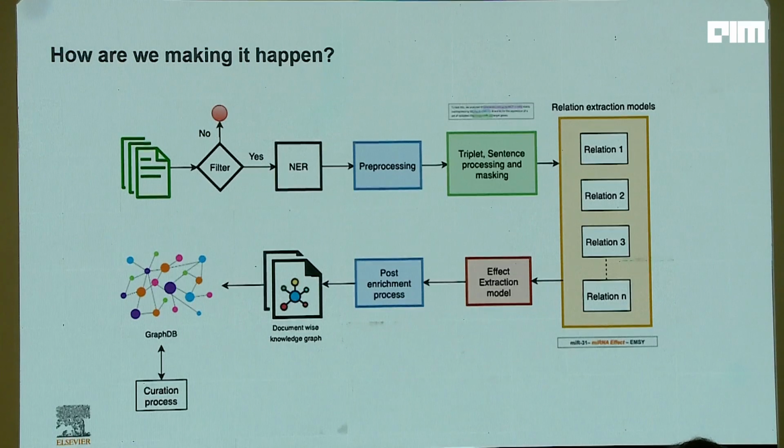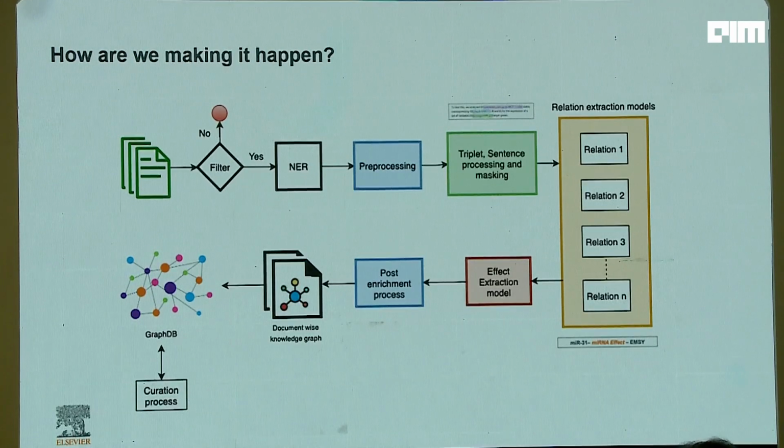So once we have our relation extracted, the effect of these relations extracted, we put it into our post-enrichment process, where we add different other information like bibliographical information, sources of these information, anything that can help the end product to give us more reference into where this source or where this relation is coming from.